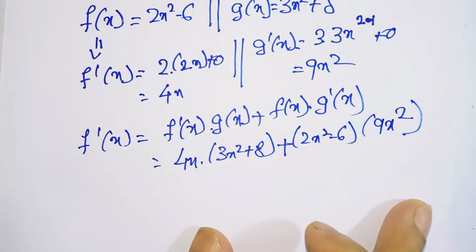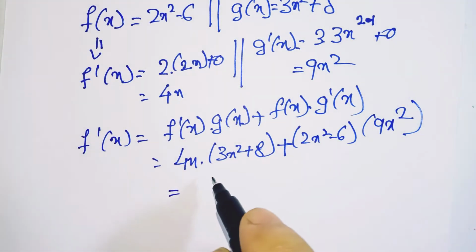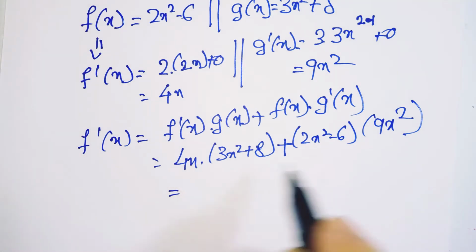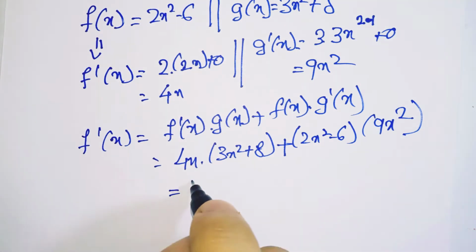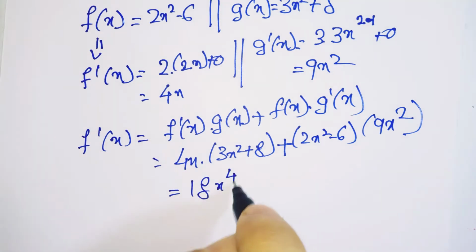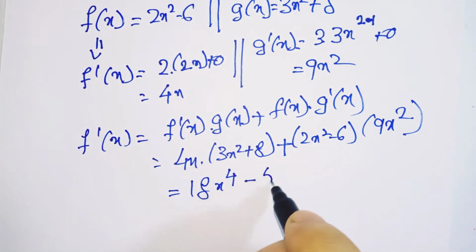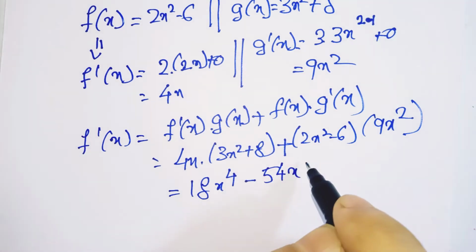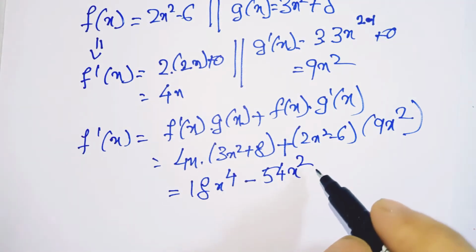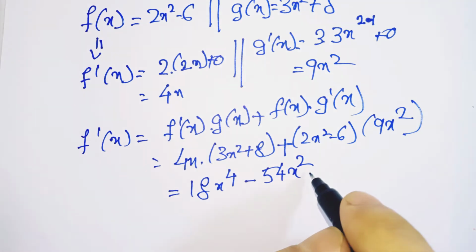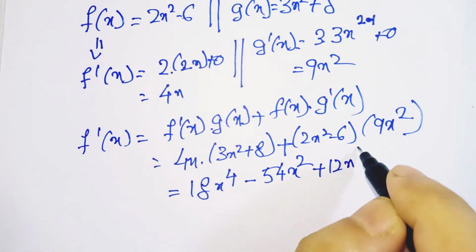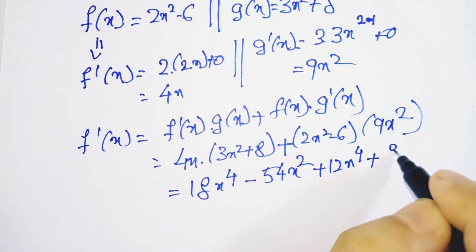Right. So on solving, let us see what we are getting over here. 4 times 3, 12x squared, and then we get 18x raised to the power 4. And then we get 54x squared, right? And then we get plus 12x to the power 4 plus 32x.